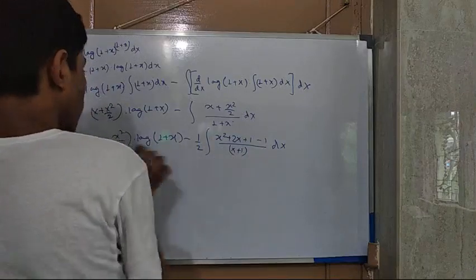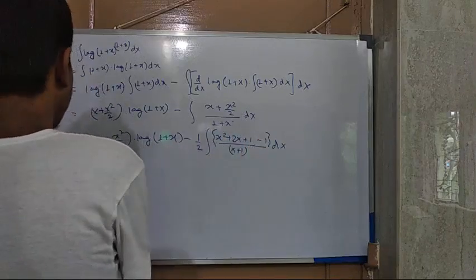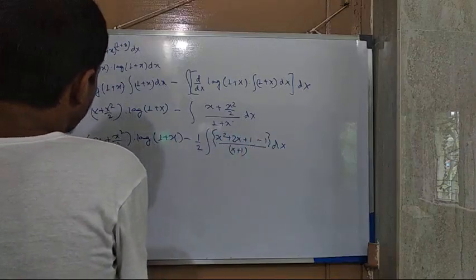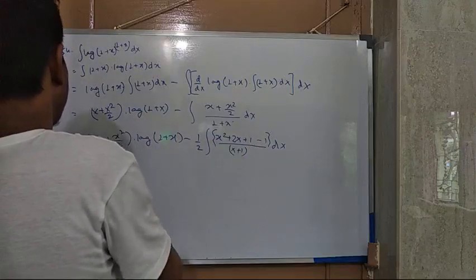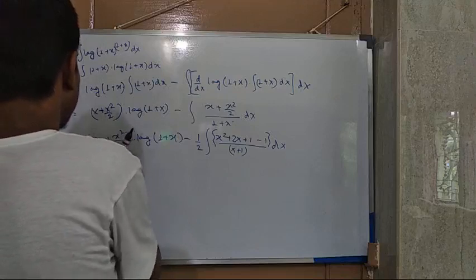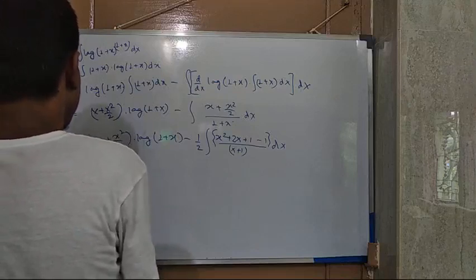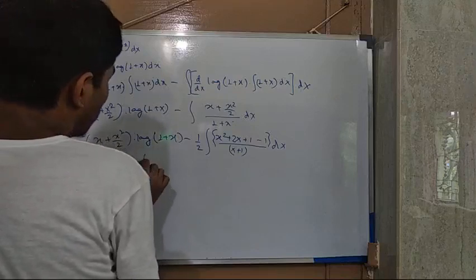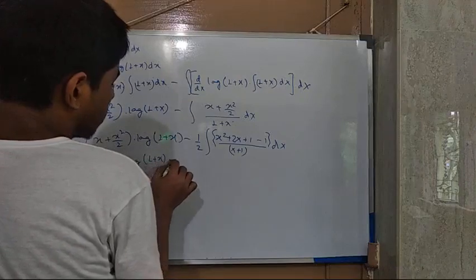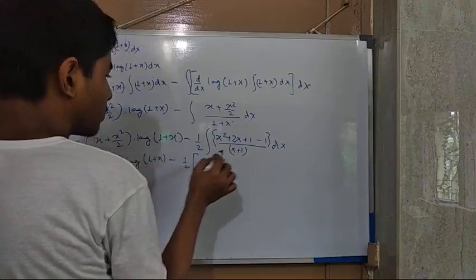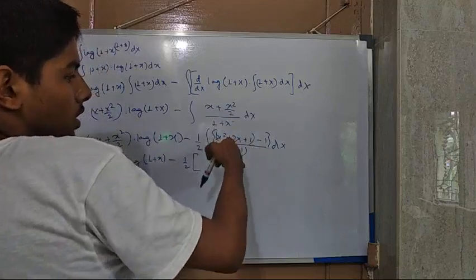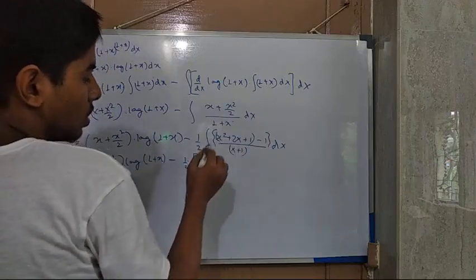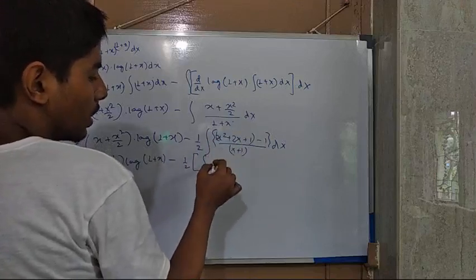Okay, so this is x plus x squared by 2 times log of 1 plus x minus half. This is actually x plus 1 whole square, and when we separate, it will leave only 1 over x plus 1.